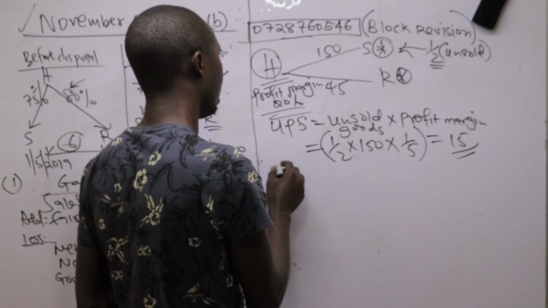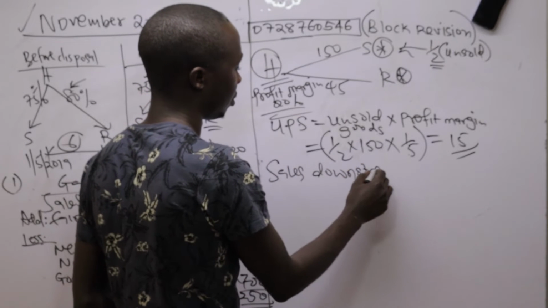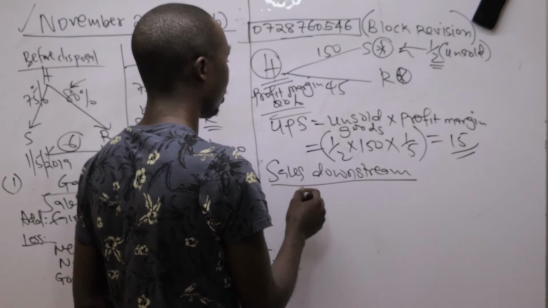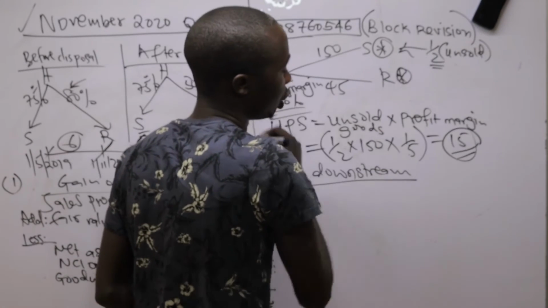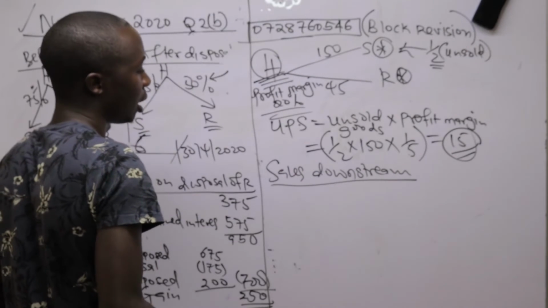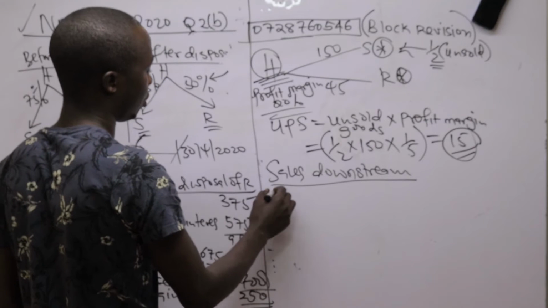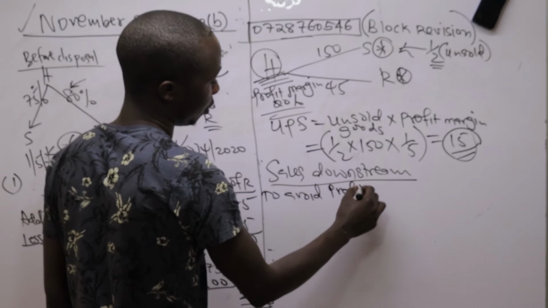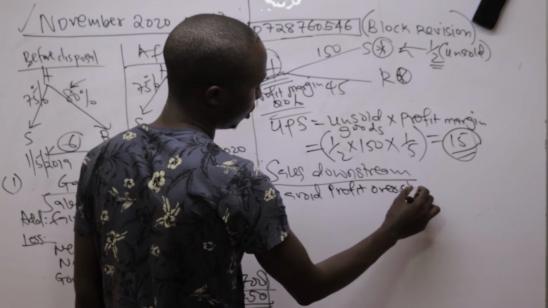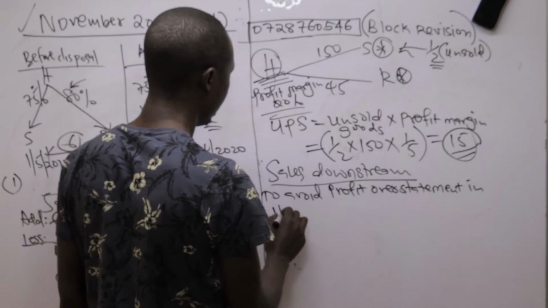So due to sales downstream, the profit is overstated in H. The 15 is overstated in H, and it has to be eliminated to avoid profit overstatement in H Limited.